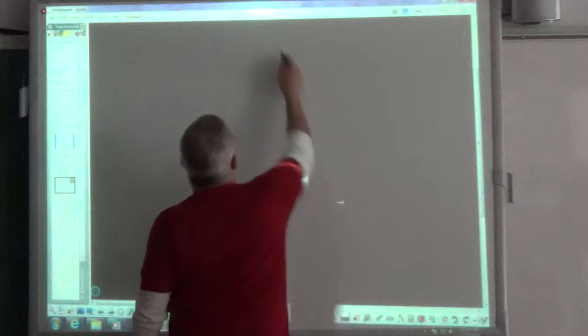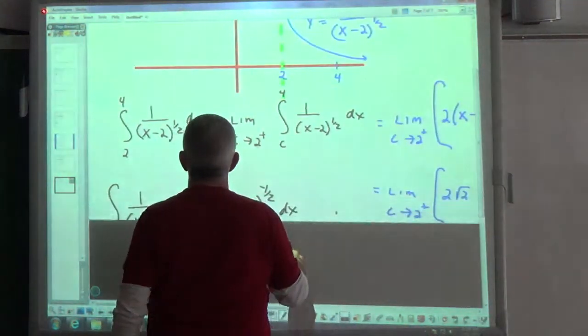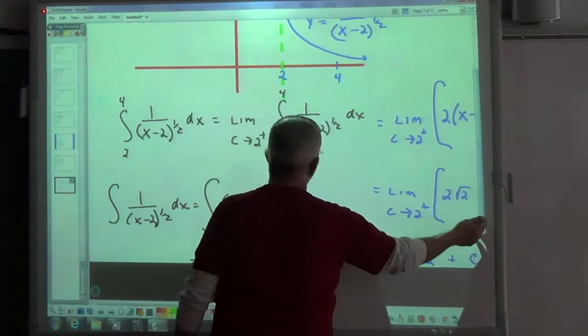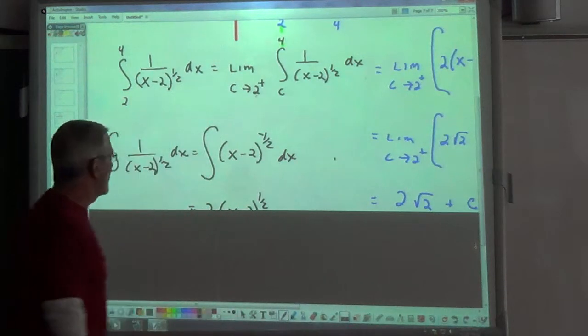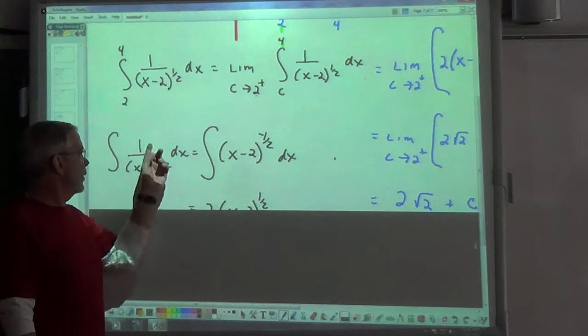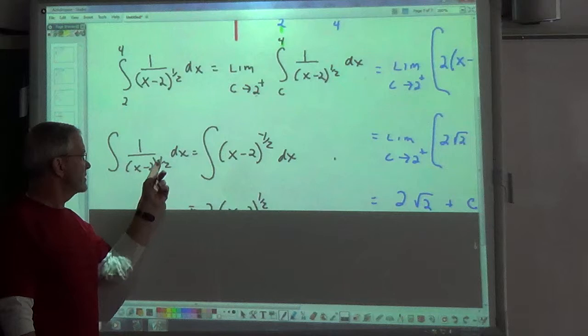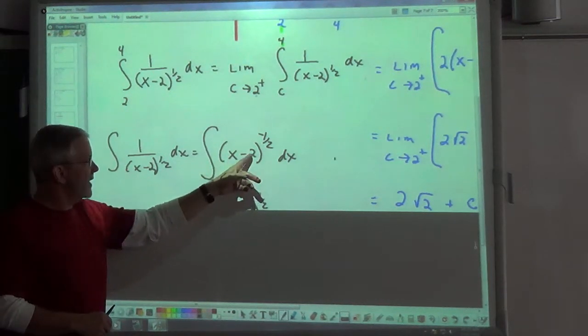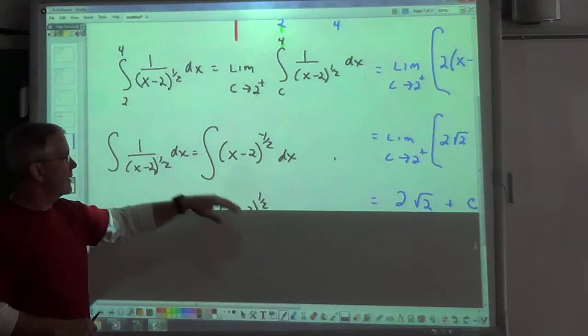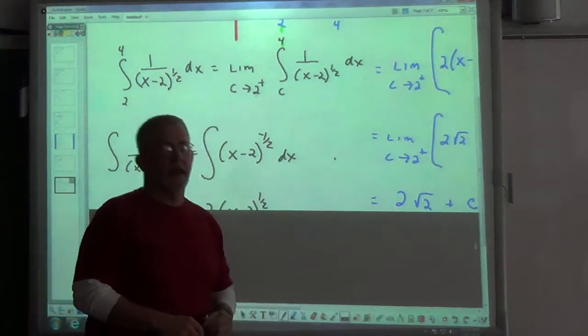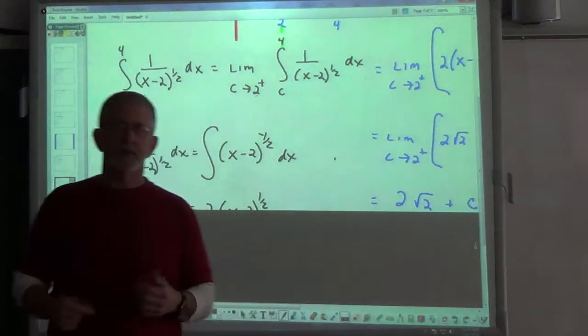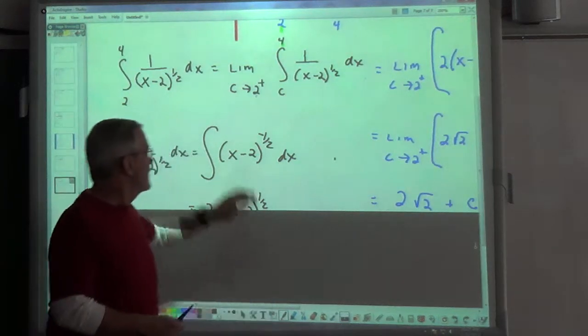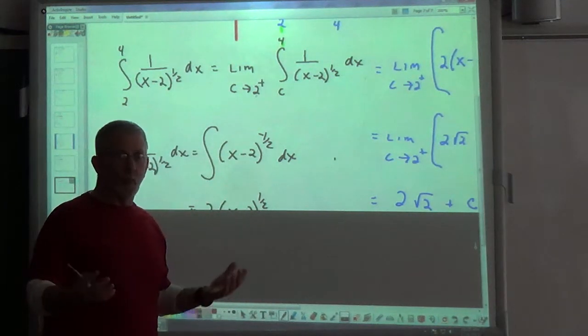Hang on there, Chief. Where am I? Right here. I want to find the general antiderivative of 1 over (x minus 2) to the 1/2 power. Again, I'm going to write that as (x minus 2) to the negative 1/2 power and anti-differentiate it. I don't have to use a u substitution here because the derivative of the inside is simply 1.